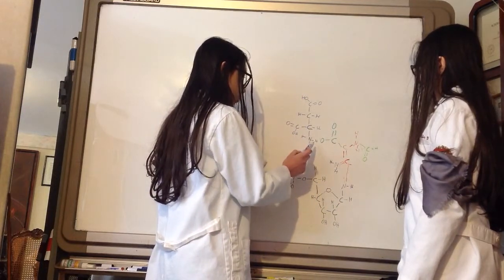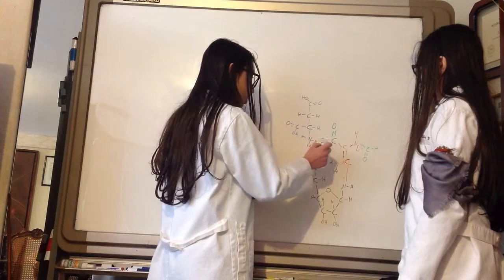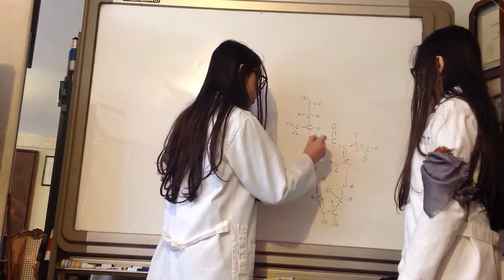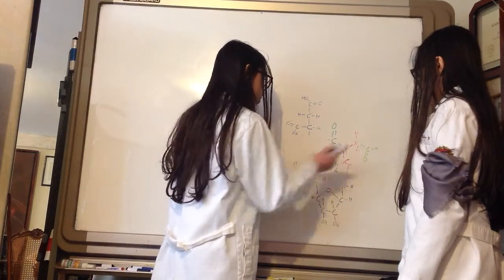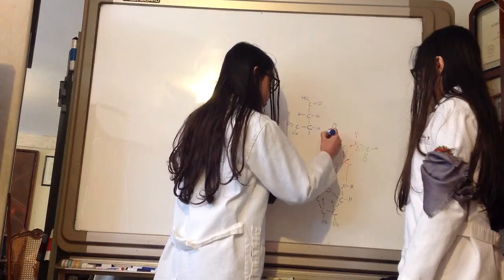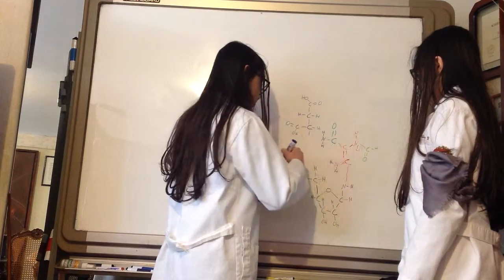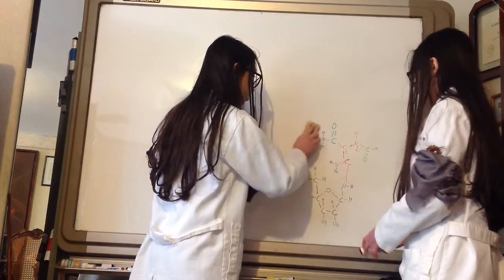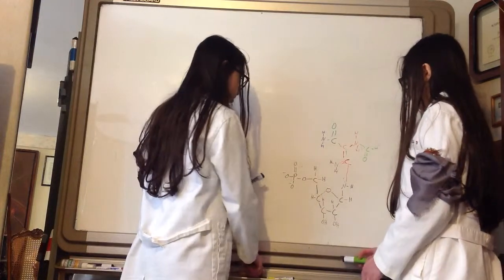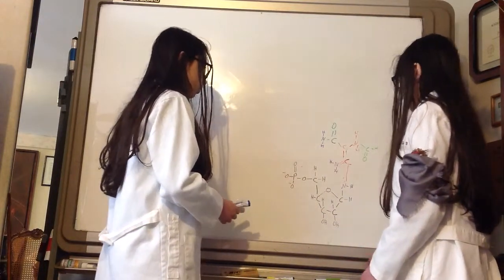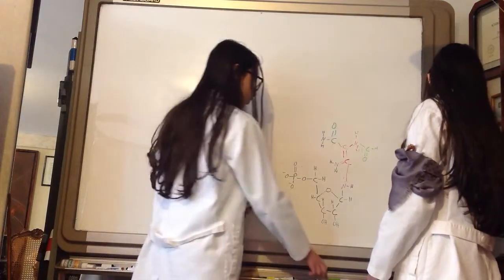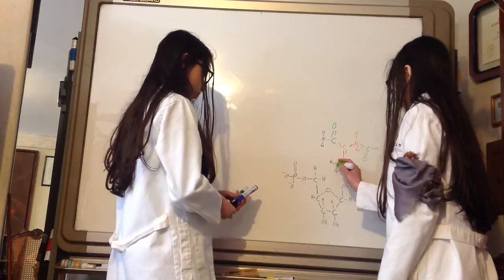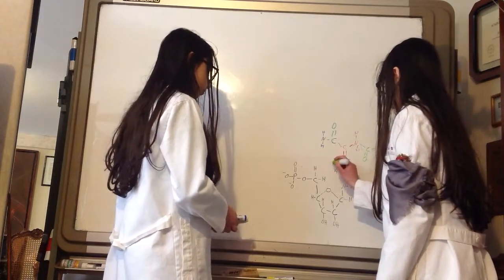This amino group is going to join to this carbon and fumarate is released, which is a molecule from the Krebs cycle, and then a carbon from formyl tetrahydrofolate is attached here to this amino group.